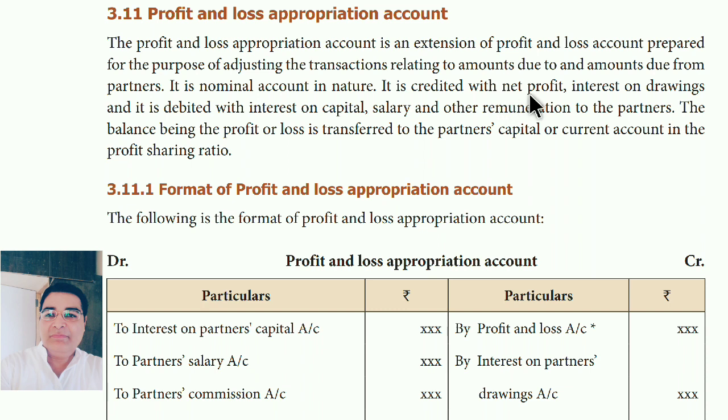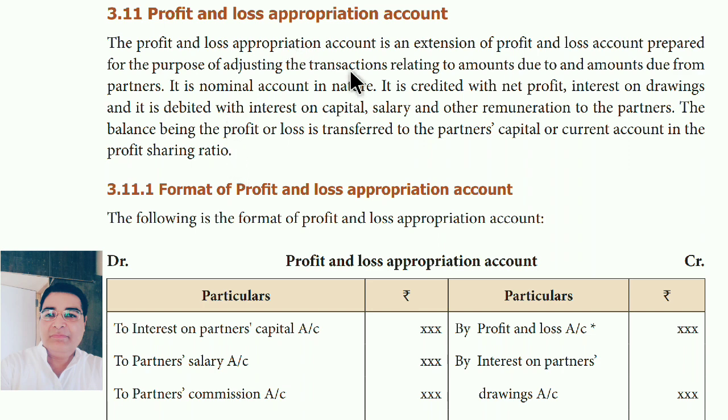It is credited with the net profit and interest on drawings, and it is debited with the interest on capital, salary and other remuneration to the partners. The balance, being the profit or loss, is transferred to the partners' capital or current account in the profit sharing ratio.